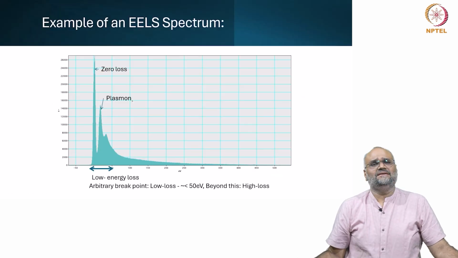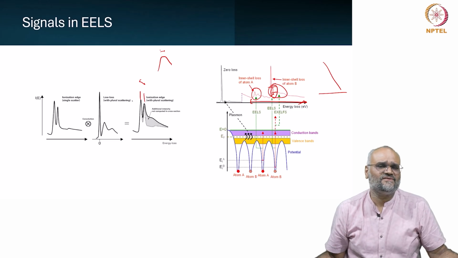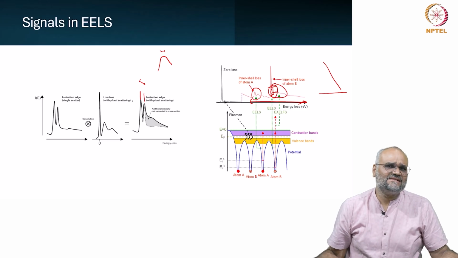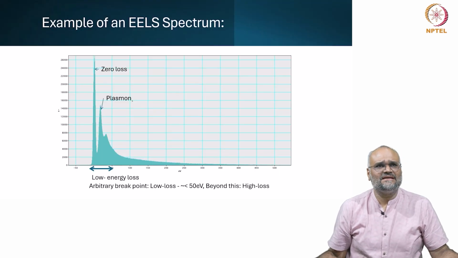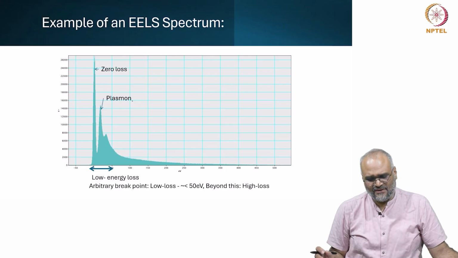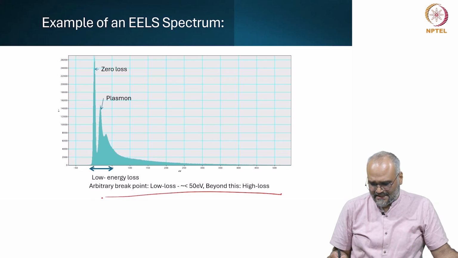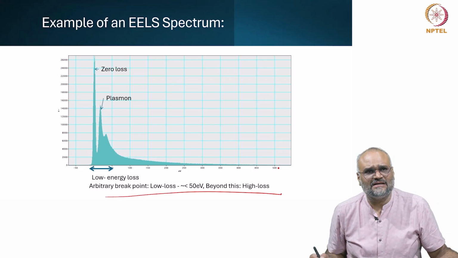So if I look at an example, what you saw here is a conceptual sketch of how these EELS signals would look, and what you see here is an EELS low loss spectrum recorded. I wouldn't call it low loss because I'm dispersing completely from 0 to 500 eV in this particular case.